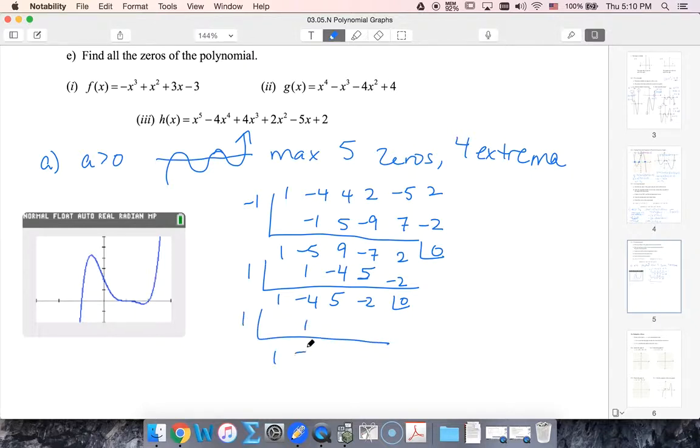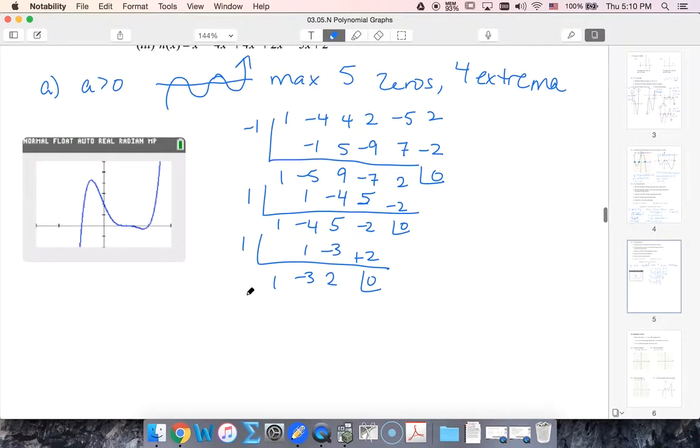1, 1, -3, -2, and that did, sorry, that should have been +2, which does give me a 0. I'm going to try again. And that did work. And my last one appears to be 2. And that is true.